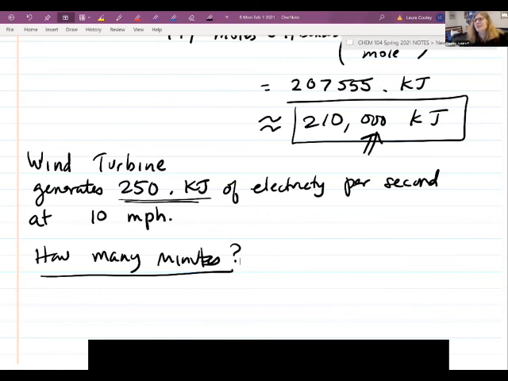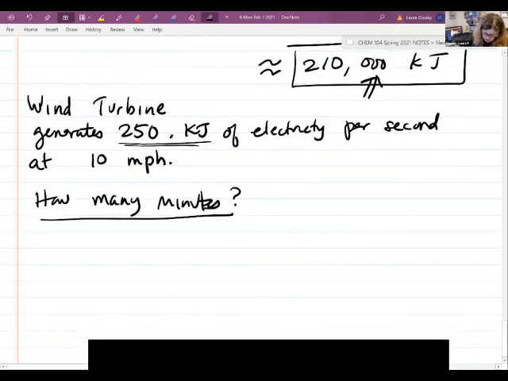Okay, so somebody figured it out, definitely. So how you do this is you go 210,000 approximately kilojoules. This is what's needed to break those bonds.